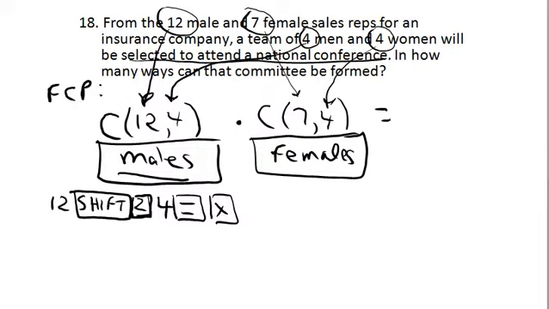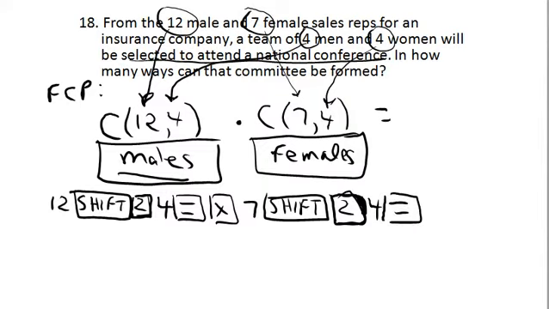And again, you can do them separately and multiply them together, but you can also do them at once. So you do 7, and again, it's a combination. So it will be shift 2, and then 4, and then equal. And when you do that, you will end up with 17,325.